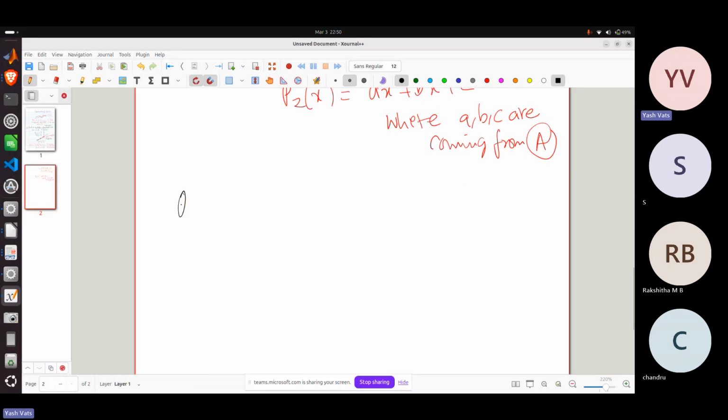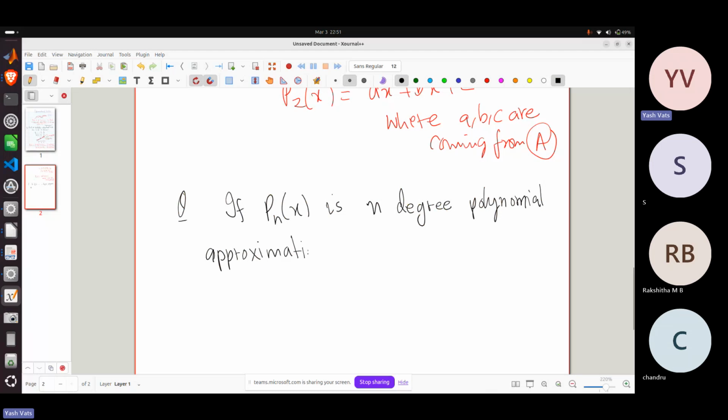The question is, if p_n(x) is an n degree polynomial approximating f(x), then find the error bound.